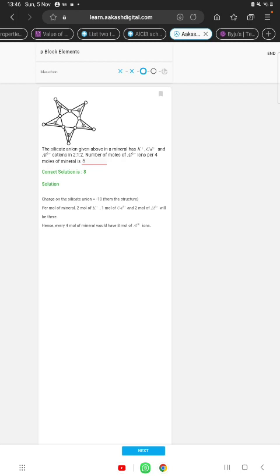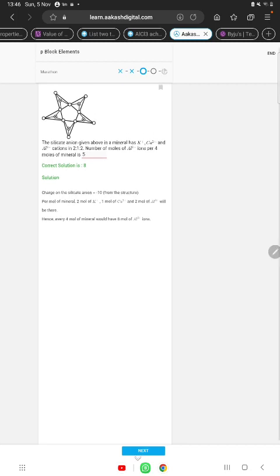Hence every 4 moles of mineral would have 8 moles of Al3+.